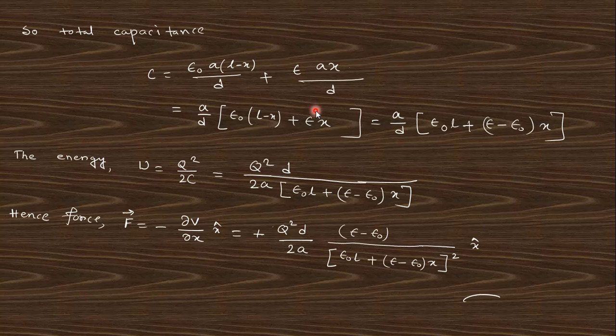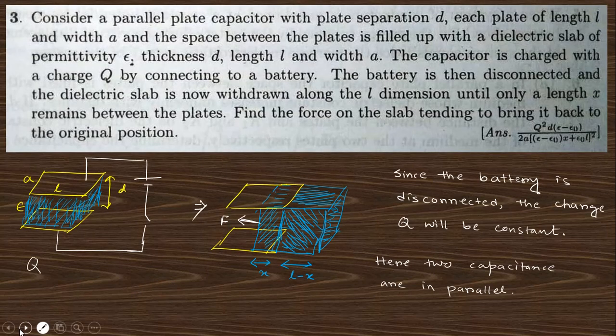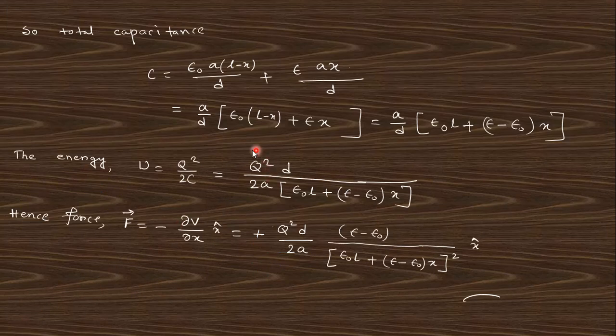So if you put this value, you will get this capacitance. The corresponding energy of this new system will be U equals Q squared by 2C, because charge is constant, and C is this value. The force is nothing but minus del U del x.